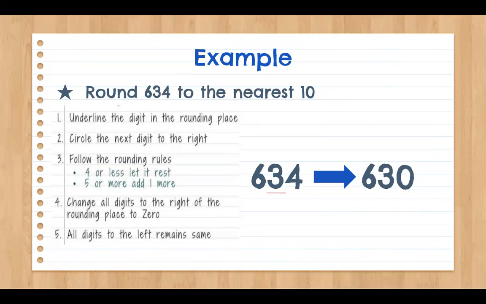Then we circle the digit to the right, which is the 4. And the 4 is going to help us determine if we round this number up or we let it rest. Because 4 is 4 or less, we leave the 3 alone and the 4 becomes a 0. So it rounds to 630.